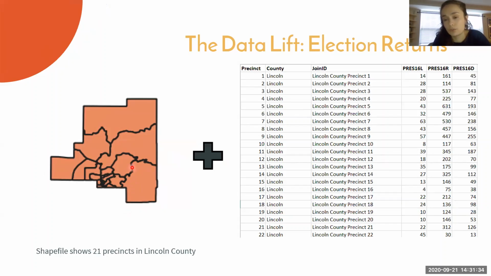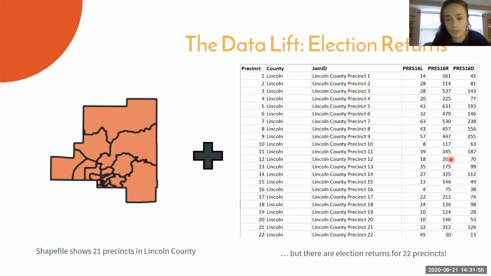But in the list of returns for Lincoln County on the Secretary of State's website, there's 22 precincts recorded. Why does that happen? Again, these are from different data sources where the shapefile might not be updated to match the precincts that were actually used in this election.